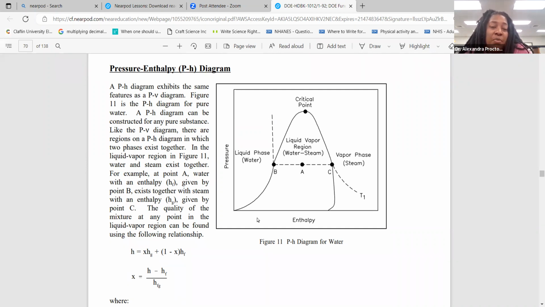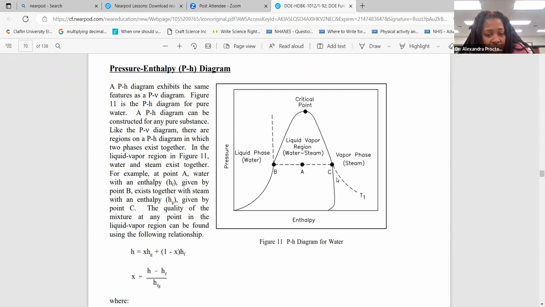So for example, at point A, this point here, water with an enthalpy H sub F given by point B exists together with steam with an enthalpy of H sub G given by point C. And so the quality of the mixture at any point in the liquid vapor region can be found using that relationship.